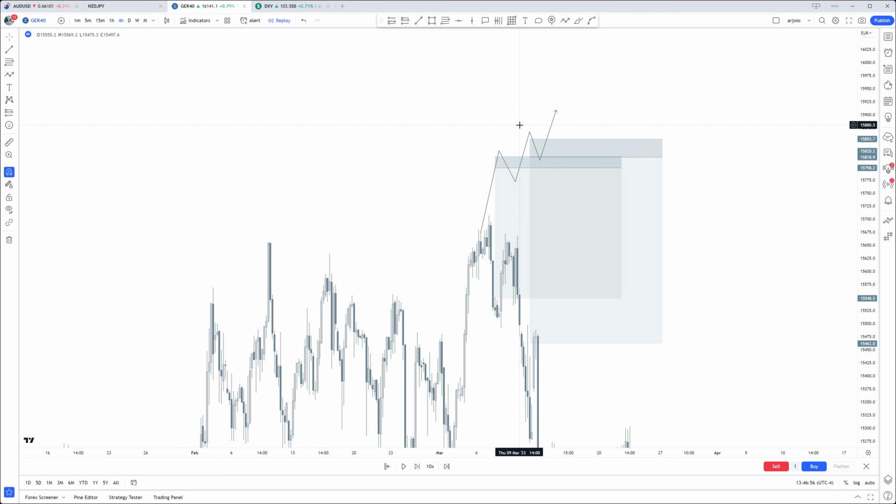And if institutions are truly selling above highs, then price will not stay long above those highs. And again, you need to understand, I'm making sort of a story right here. So I just told you that just because there's liquidity on the opposite side doesn't mean we are going to target it immediately. And then I just told you that if we are truly selling above highs and buying below lows, we need some sort of reaction.